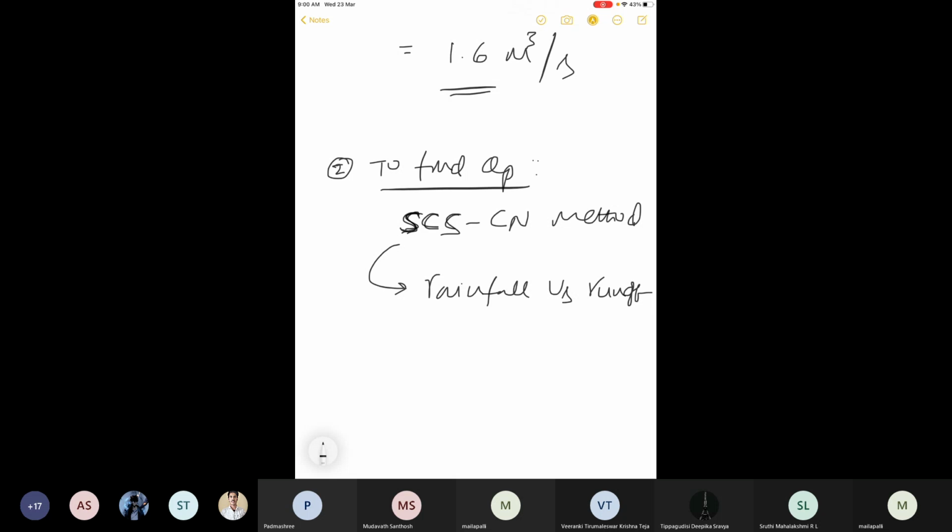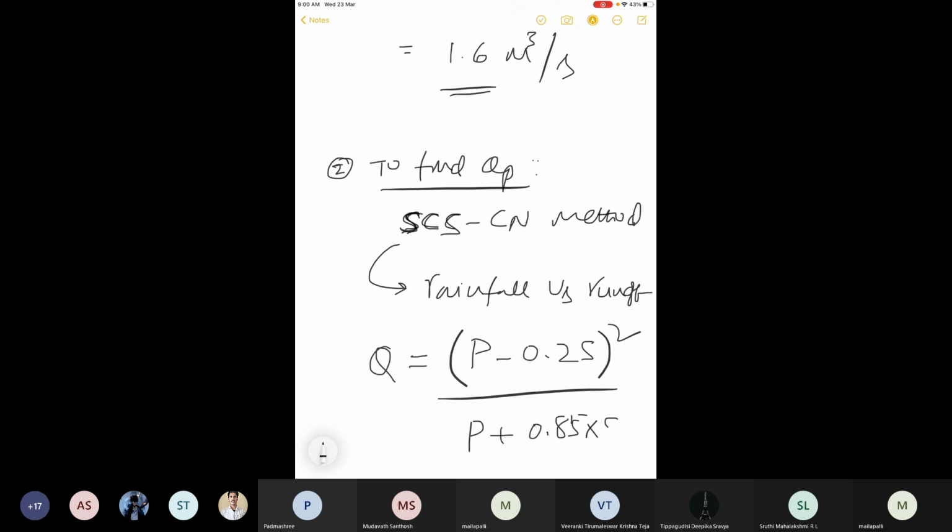Generally, the equation used to find out Q, the discharge, is Q equals (P minus 0.2 S) whole square divided by (P plus 0.8 S), where S is basically the potential storage.